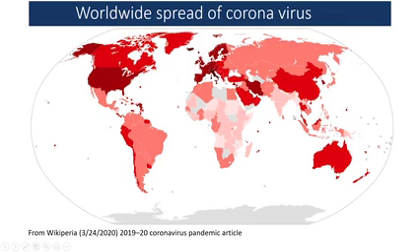The coronavirus, as you all know, now has spread throughout the world. The darker the red color, the higher the incidence of the coronavirus. And you see here, Italy is one of the most infected areas in the world. But you also see the United States is getting it, the west coast of South America, Peru and Chile are also getting it. And this is very important because these countries are just getting over summer.